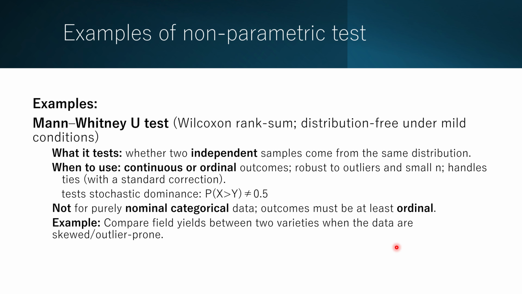Another test is the Mann-Whitney test. This test is also very famous, I think. The Mann-Whitney test compares two independent samples when the outcome is ordinal or continuous and may be non-normal or outlier prone. It tests whether the two samples come from the same distribution.